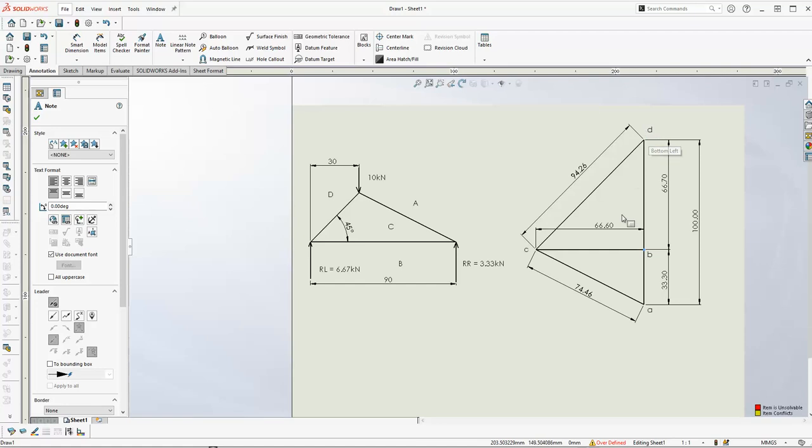And if you look at D to A, that's a compressive force because it's heading downwards. And in the Maxwell's diagram, it's heading downwards. If we look at AC, that's going from A to C in that direction. So therefore, we could put an arrow at either end to indicate that that is also in compression.